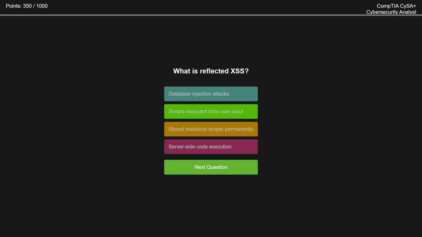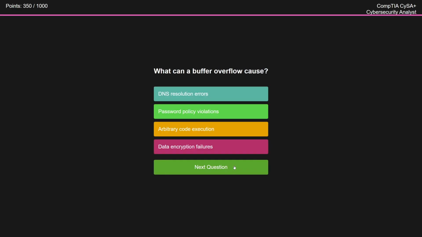And scripts executed from user input, because you're inputting something in the search bar or somewhere else, and it runs that JavaScript, that's called cross-site scripting. Mainly XSS attacks are used with JavaScript, and that's usually the only thing they're used with. But they're really, really bad if you don't patch them, right?